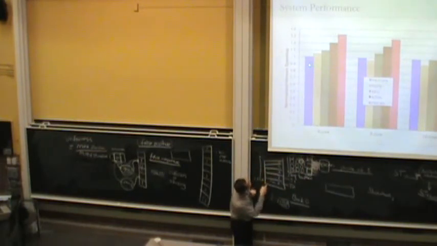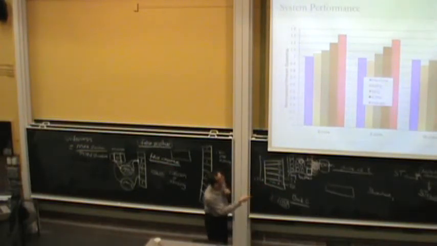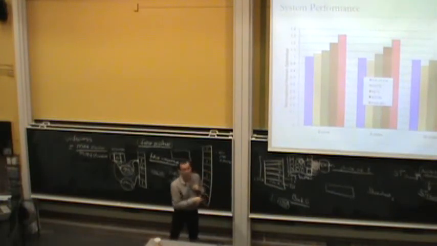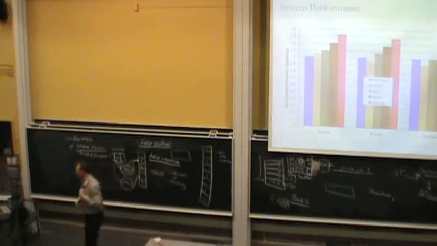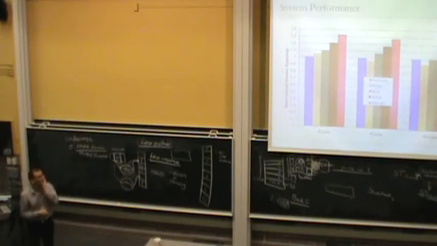So if you look at the 4-core system, the thread-aware memory schedulers improve performance by about 30% in this case, and by similar amounts in other systems. Okay? Any questions? Okay.